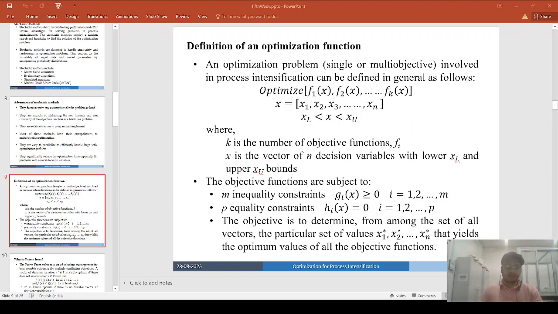So given the inequality constraints and the equality constraints for a vector of objective functions that constitute a given optimization problem, the goal is to identify the optimal values for the variables x1, x2, x3 till xn, such that the various objective functions are able to perform in an optimal manner, subject to such inequality and equality constraints. So that is the idea behind the mathematical definition of an optimization function.